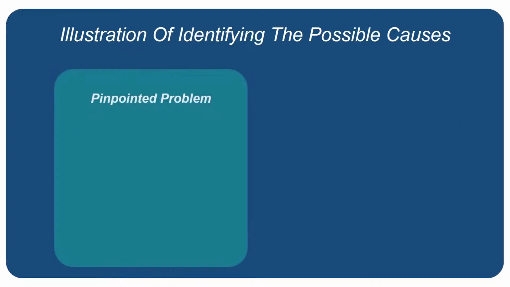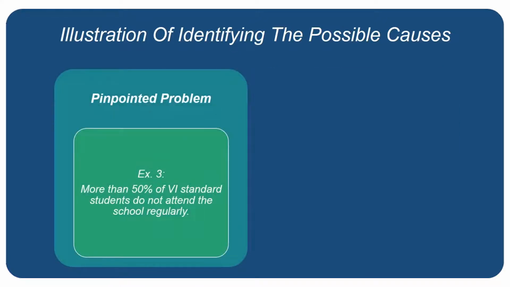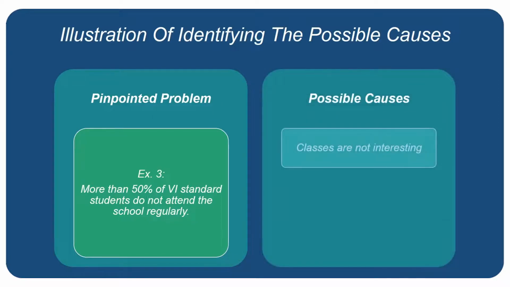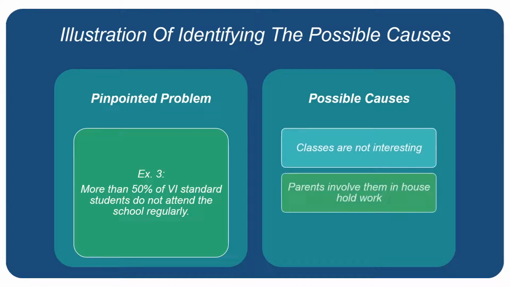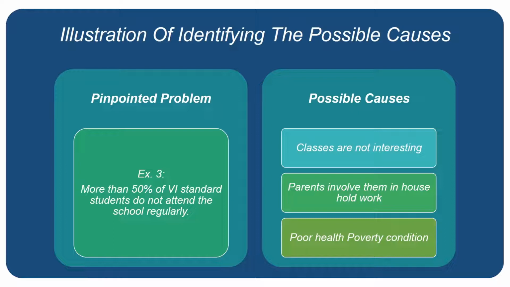Now let us have an illustration of another example. The third example was: more than 50% of 6th standard students do not attend the school regularly. What may be the possible causes? Again, the teacher has to bring out these causes. Classes are not interesting. This could be a cause. Then parents involve children in household work could be another cause.